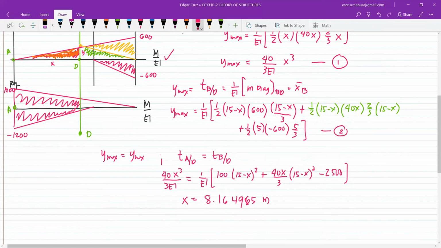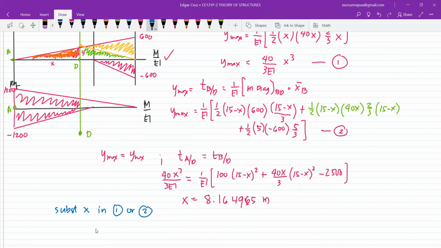So knowing x, we just substitute the x value in equation 1, or equation 2, but equation 1 is easier.